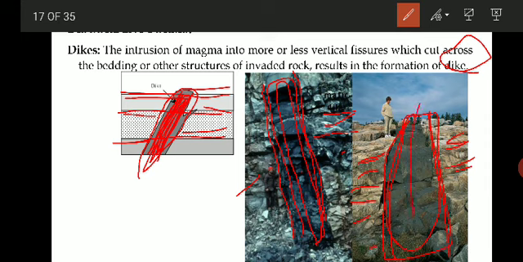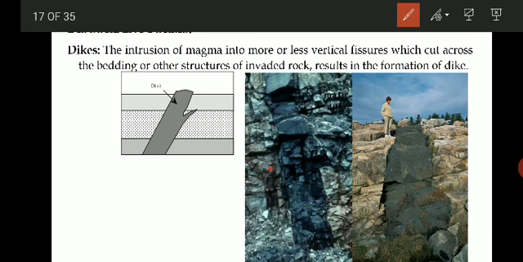The word across is important here. These rocks are already present, but they are intruded by a dike cutting across the beds. That is called a dike.